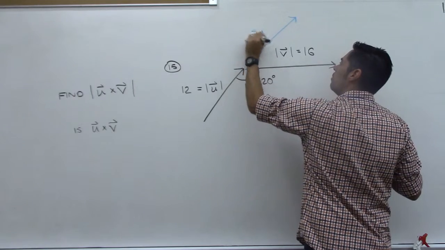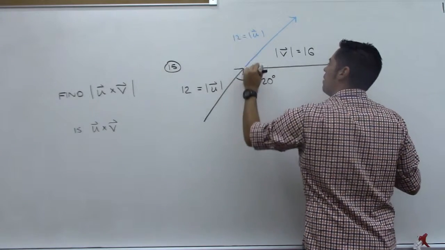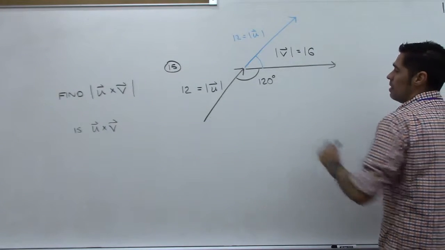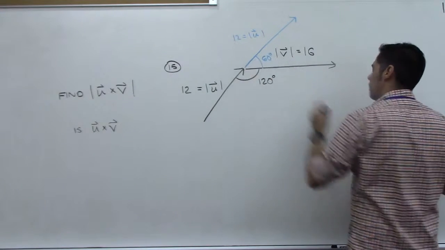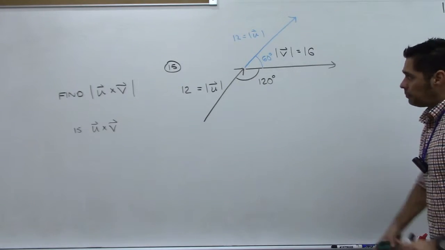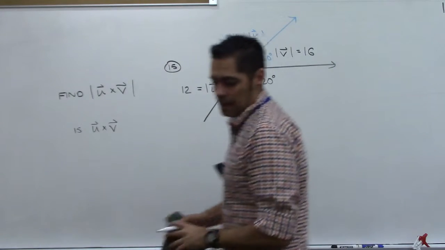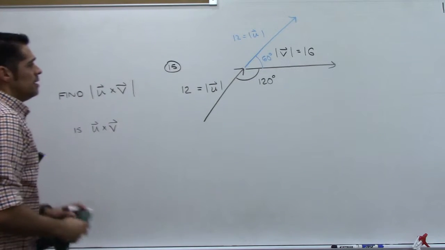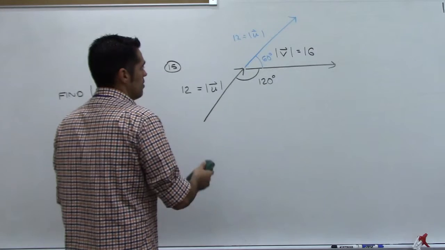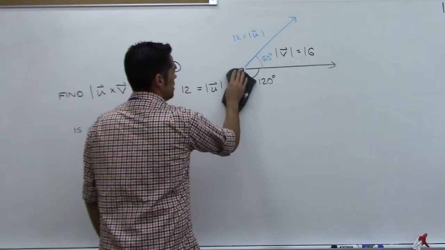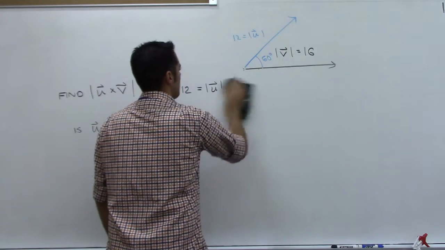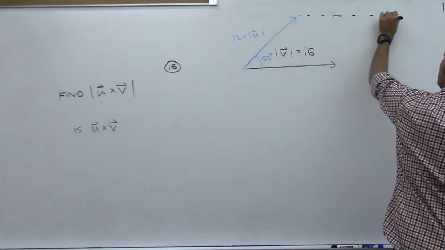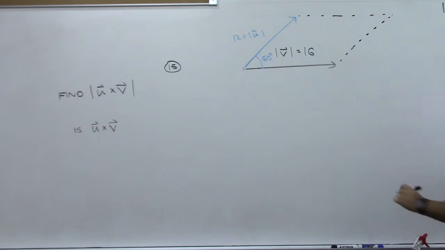The magnitude of u is still 12, but now this angle, instead of being 120 degrees, is 60 degrees. And remembering that the magnitude of the cross product is the area of the parallelogram formed by these two vectors, we're actually going to find the area of that.